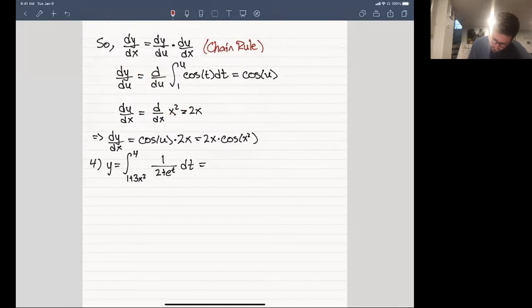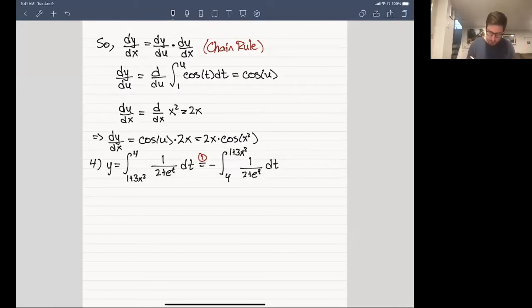Again, when you're doing this yourself, you don't have to list the properties, and I probably won't going forward, but it's important for us to see where these things come from. So this gives me the integral from 4 to 1 plus 3x squared of 1 over 2 plus e to the t dt. And in this case, you're again going to use the chain rule.